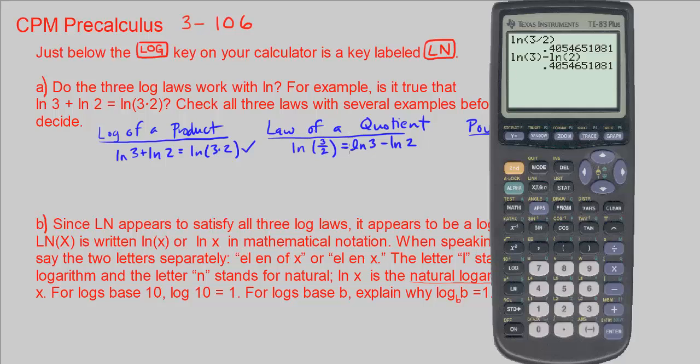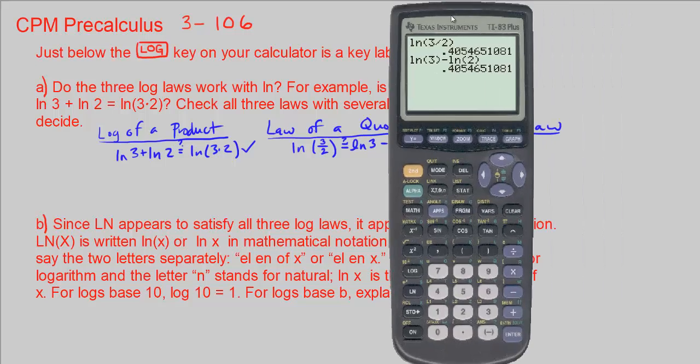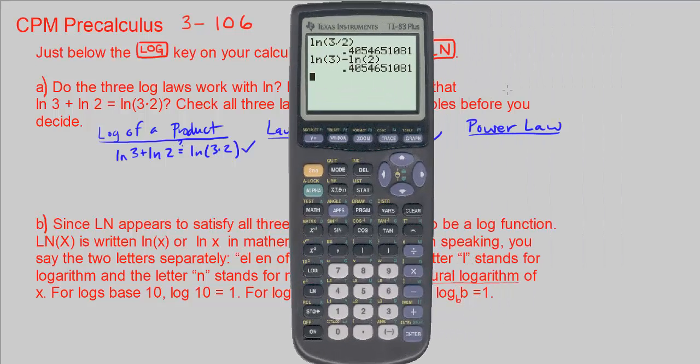Right now when I'm writing this, I don't know if they're equivalent or not, so I can put a question mark above these, and I'll put a check when I'm done verifying. The power law tells us log of x to the n, but instead of log I'm going to use ln. Instead of x, I'm going to say 2 to the power of 3. Is that equal to n times log x? n was the power, so it's 3 times ln of 2.